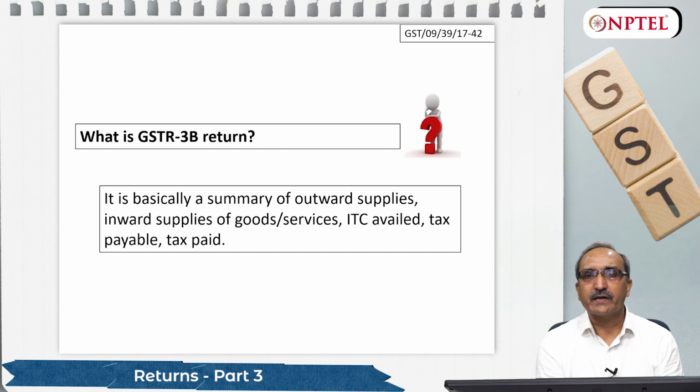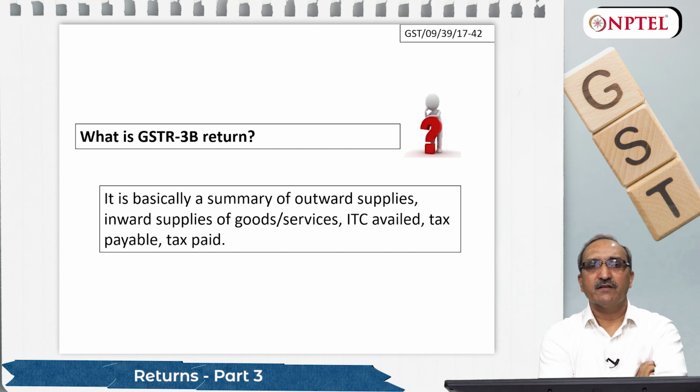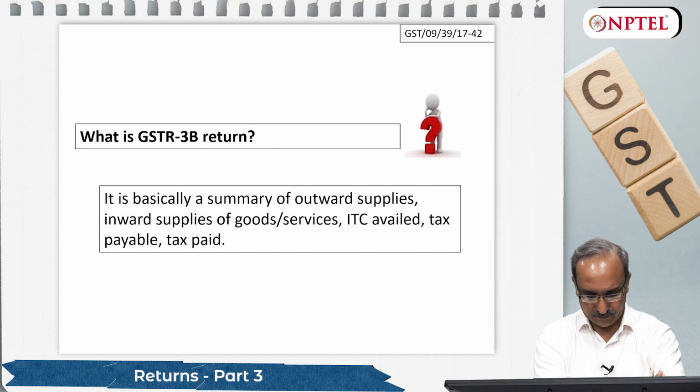So after having proper calculation of 2A, 2B and physical copy of the bills you received, the goods you have received, you will make your calculations, and in GSTR 3B, in a given column, you will mention your ITC. And it is a system of segregation of ITC into three parts.